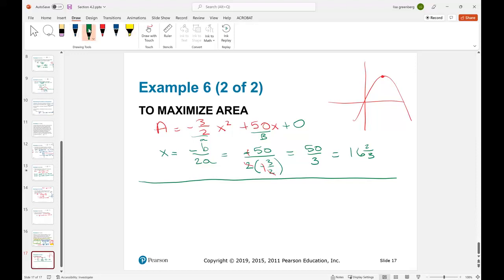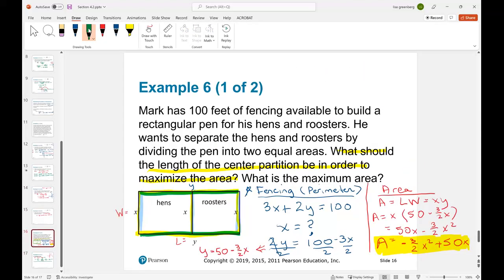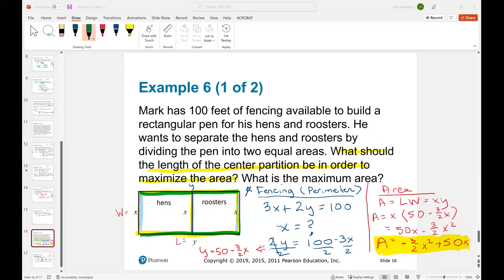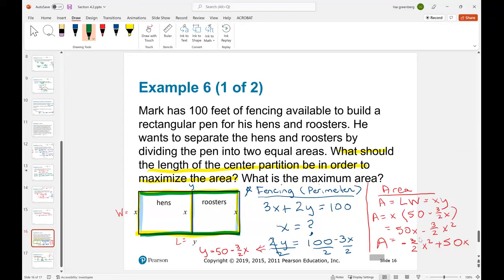Okay, feet. And then the next question says, what is my maximum area? All right, so we have our area formula, and that's all we really have left to do.